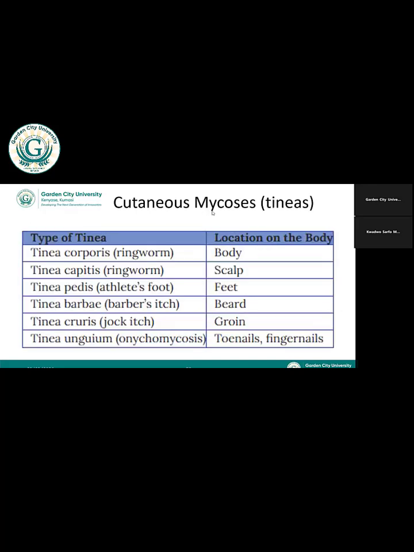So the cutaneous mycosis, also referred to as the tinea, is a collection of the cutaneous mycoses. It has several types depending on where they are infecting the body. So we have tinea corporis, which is ringworm.